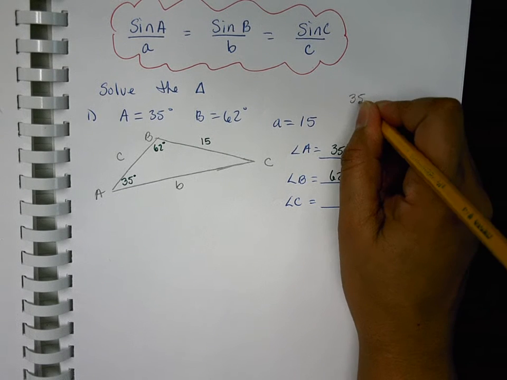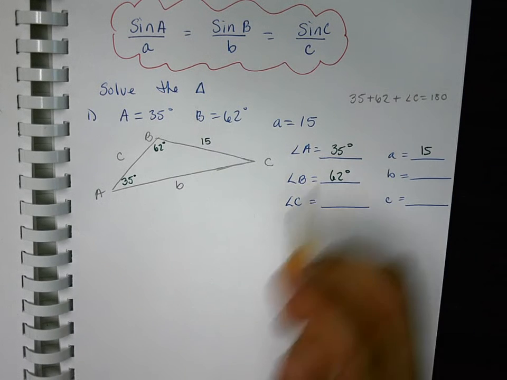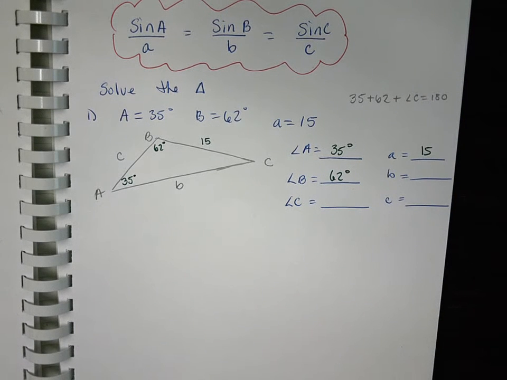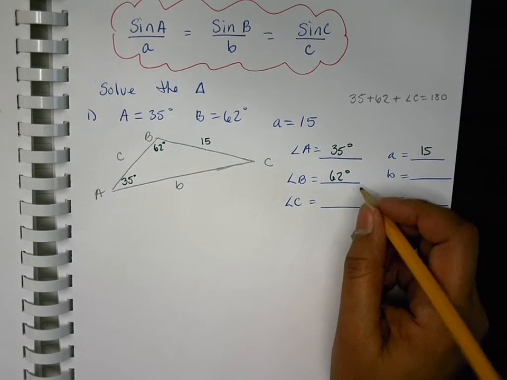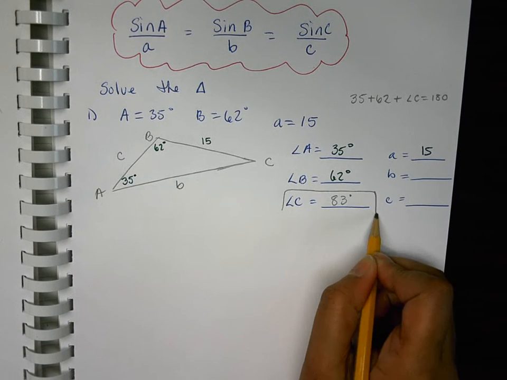So 35 plus 62 plus angle C equals 180. Go ahead and solve that now. Add and subtract. And tell me when you have it. 83. All right, that is our first unknown that we have found.